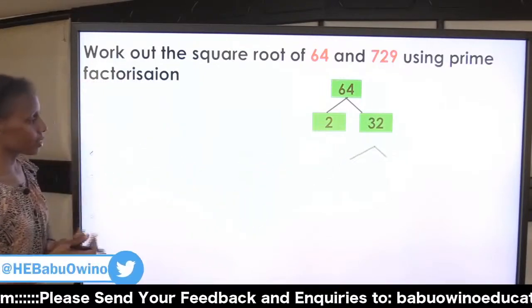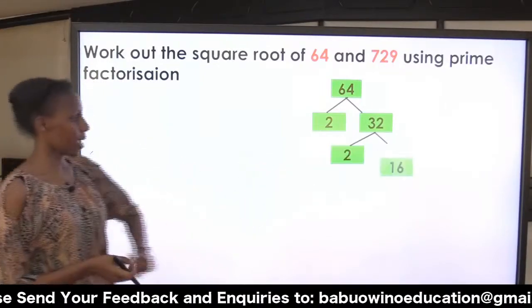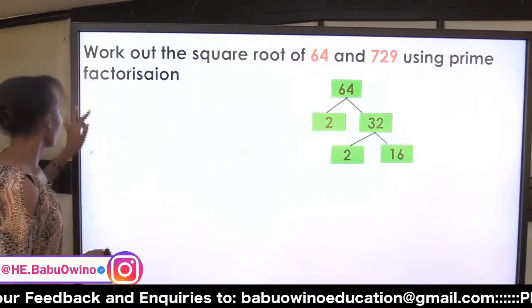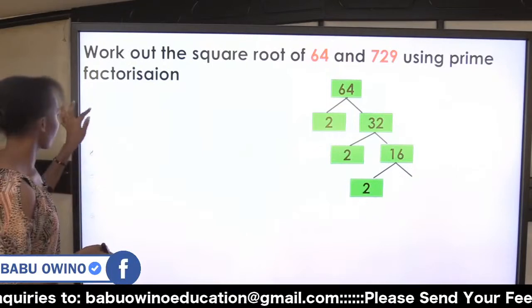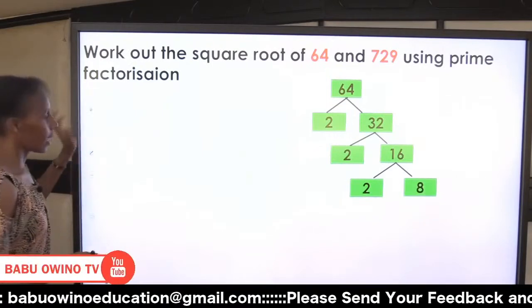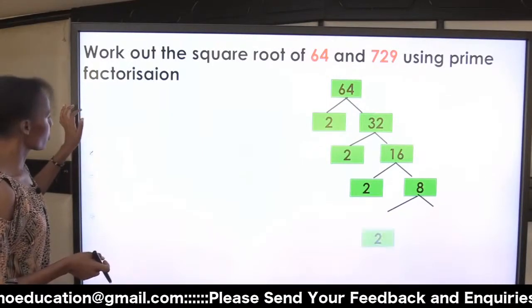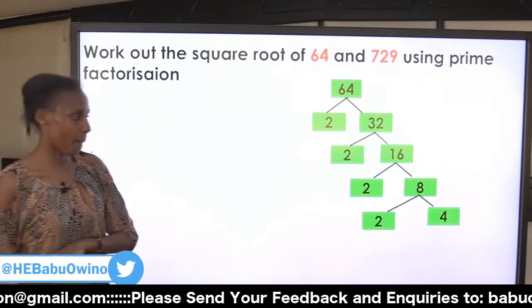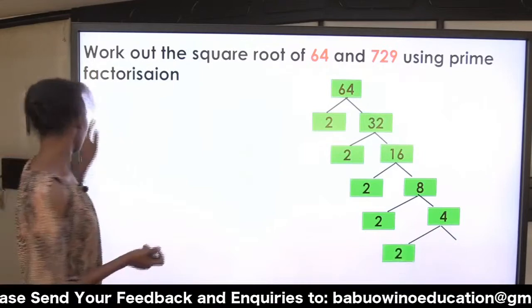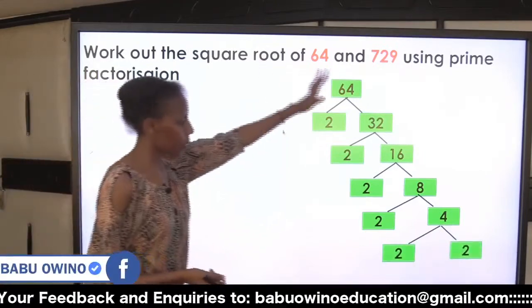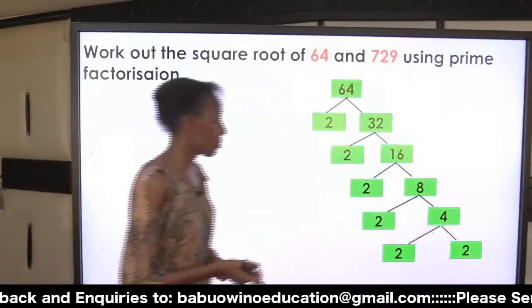I divide further by 2, we get 16. Divide by 2, you get 8. Divide again by 2, you get 4. 4 divided by 2, you get 2. So I am done with factorizing that number.